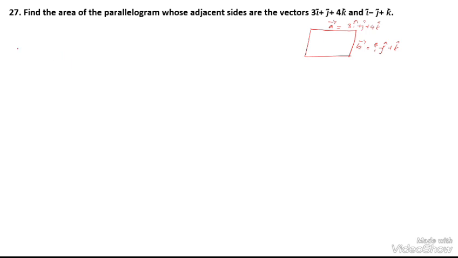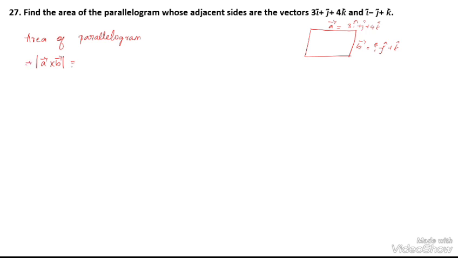The formula for the area of a parallelogram is the magnitude of vector A cross vector B. First, we have to find this.